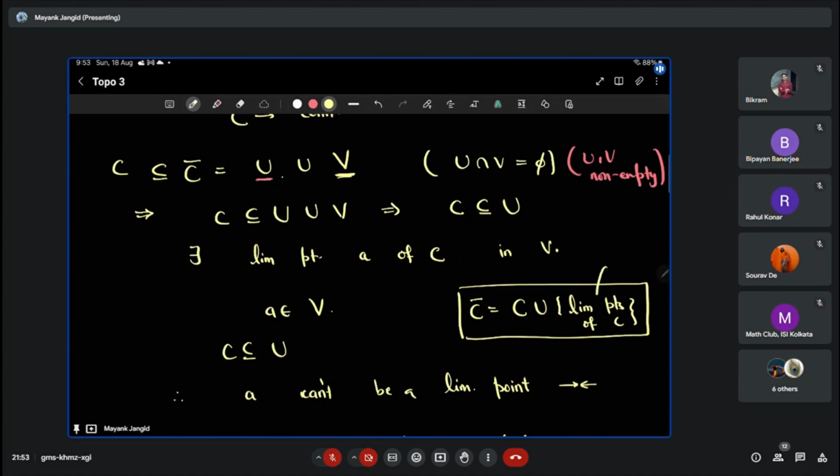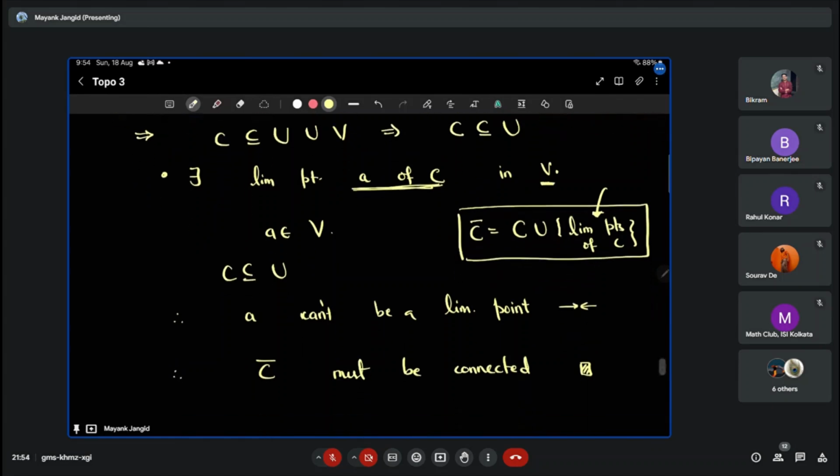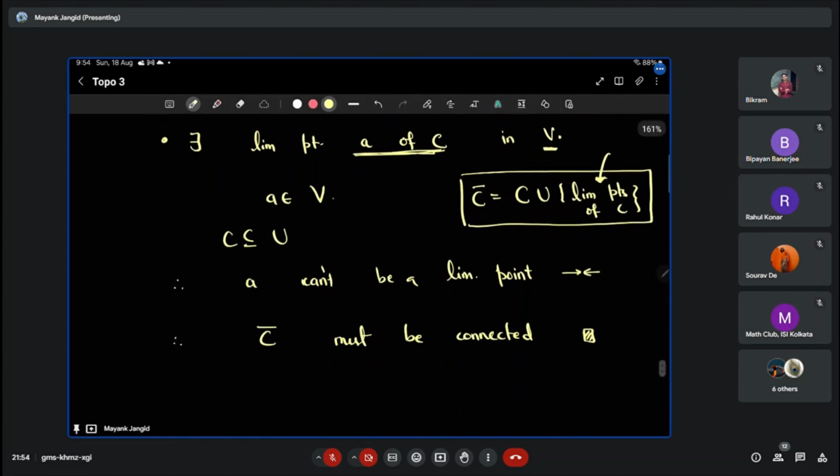Therefore, V must contain at least one limit point of C. Therefore, there exists a limit point A of C, which is in V. Okay, but then what is a limit point? For A to be a limit point, any open set which contains A must intersect C.